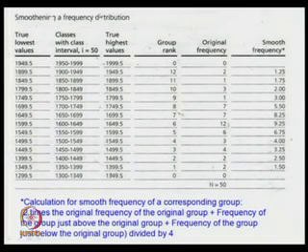The calculation for the smooth frequency of a corresponding group is 2 times the original frequency of the group, plus the frequency of the group just above, plus the frequency of the group just below, divided by 4.